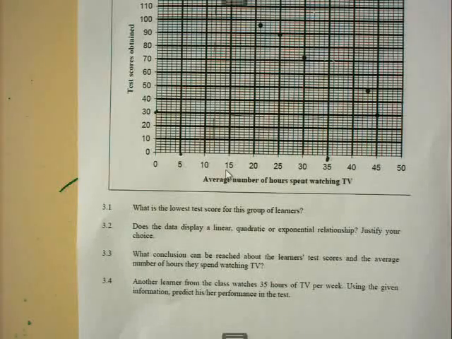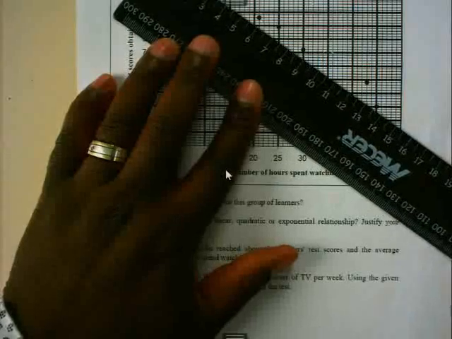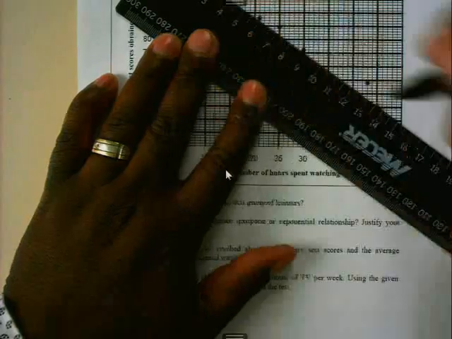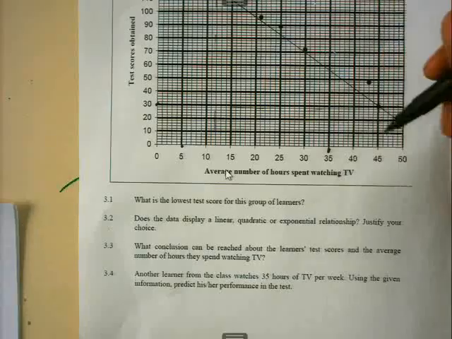Remember, if you draw the line of best fit here, this will be the picture that you get. Roughly, more or less, that will be the line of best fit. If it's not, maybe it will be slightly higher.